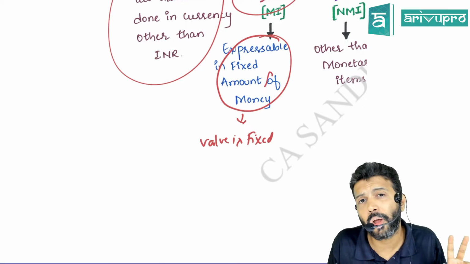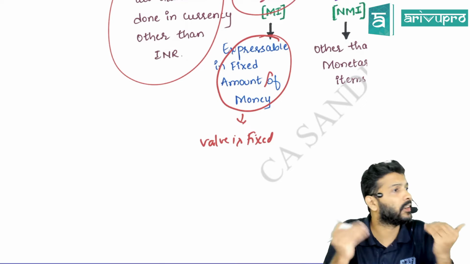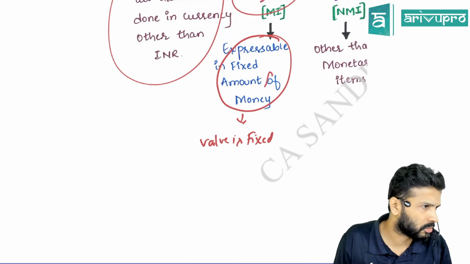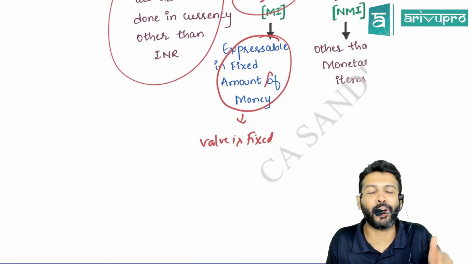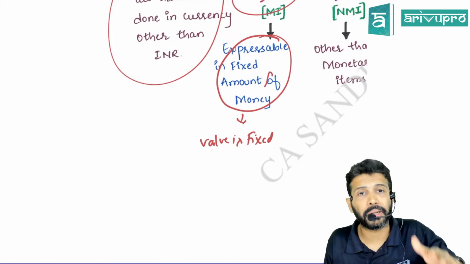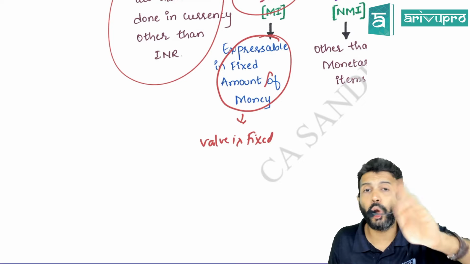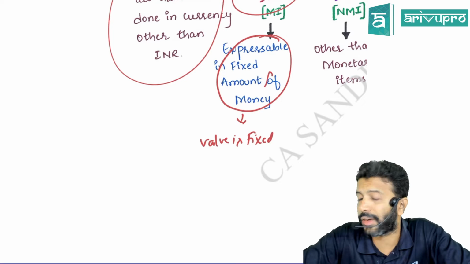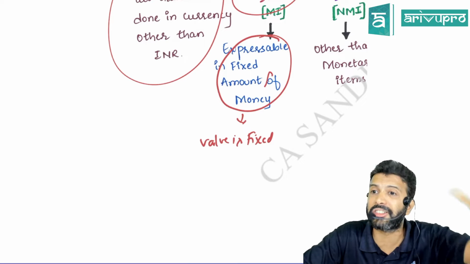Debtor is an example of a monetary item. If you have to collect 1 lakh rupees from debtors, the debtor will pay you 1 lakh itself. Creditor is an example of a monetary item because the value that you're paying to the creditor is also fixed. Bank loan taken. If you have taken a loan of 10 lakh rupees, how much principal are you going to repay? I'm not talking about interest, I'm talking about principal.